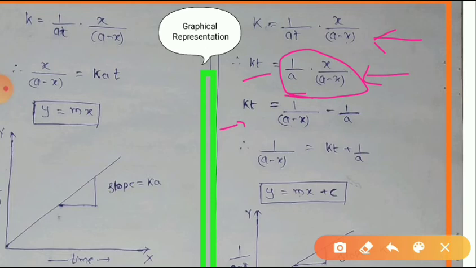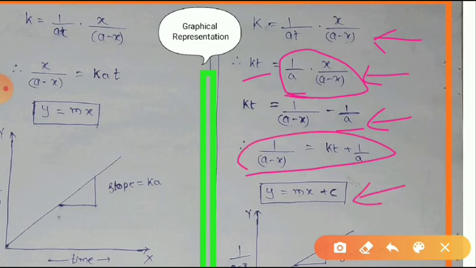Again if we modify this equation, we get 1 upon a minus x equal to k t, and moving minus 1 upon a to the other side, we get 1 upon a minus x equal to k t plus 1 upon a. Again this resembles y equal to mx plus c.